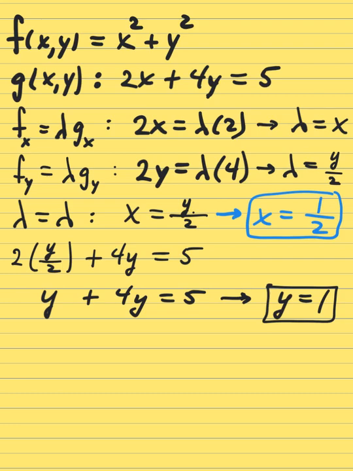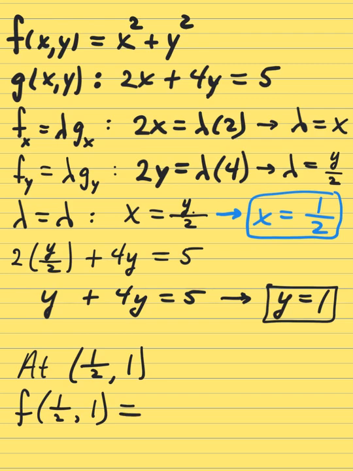So that tells us at the point 1/2, 1, that our function at that point is going to be half squared plus 1 squared, which is a fourth plus 1 equals 5/4.